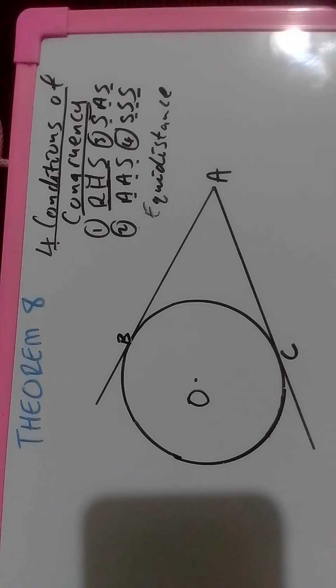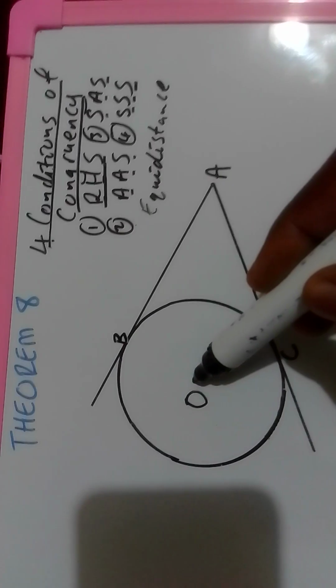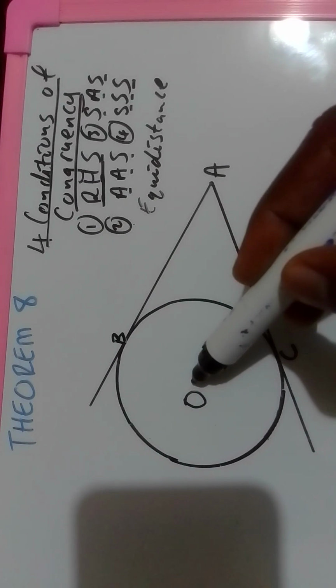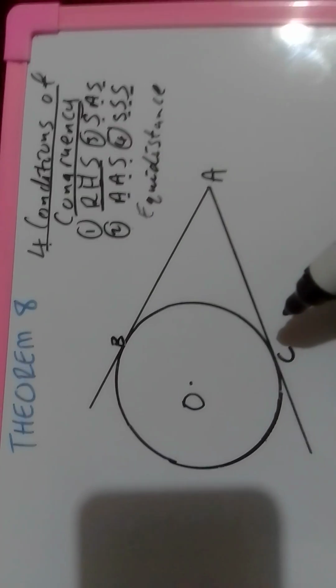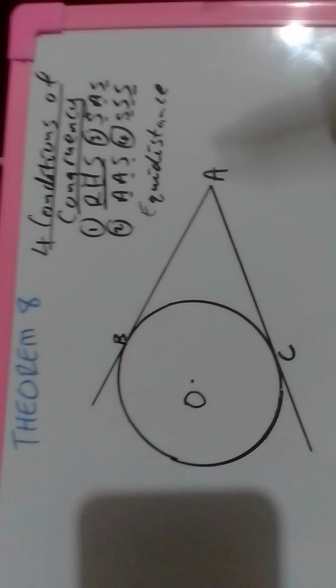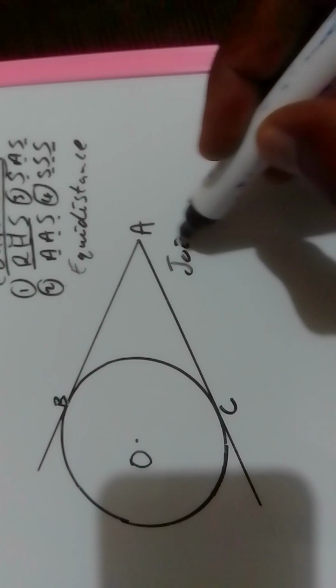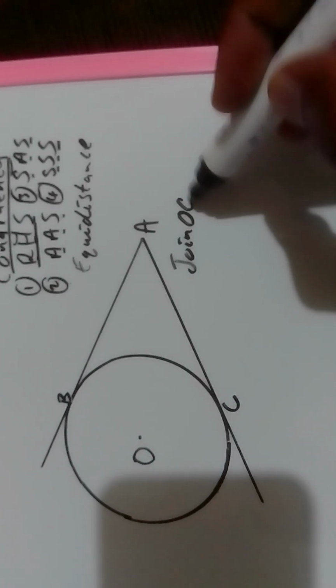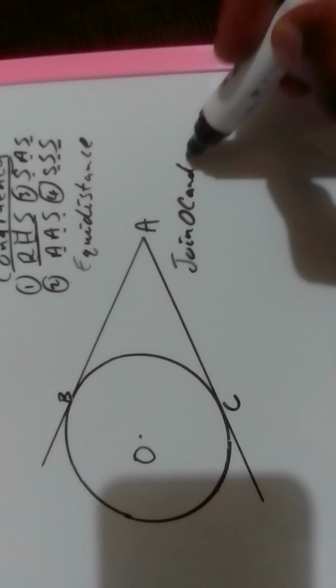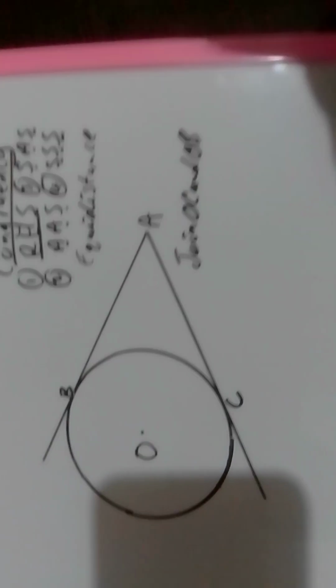So I'm going to join point O to point B as well as point O to point C. But like I just said, I don't do as I wish. I tell the examiner. So I come and I write join OC and OB.